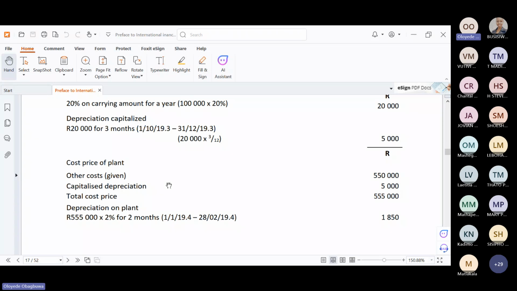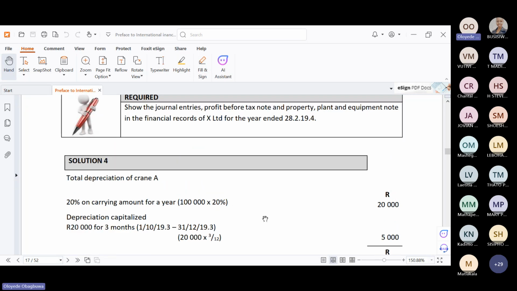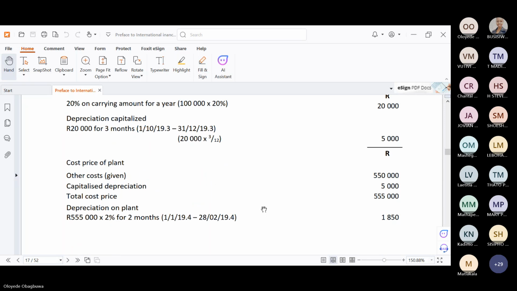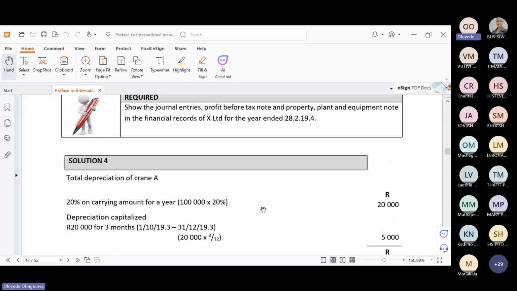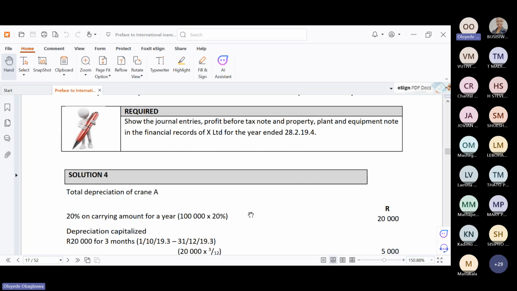So the depreciation value of that crane at that moment will be considered as additional cost of the plant. Do we have any questions? This is just a rare case. In case you come across it in any of your questions, this is how you address it.